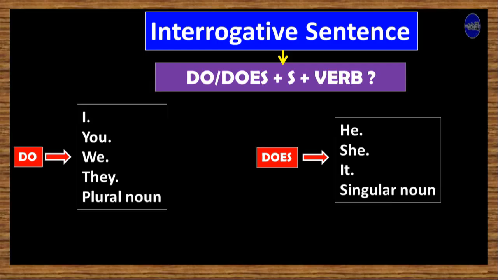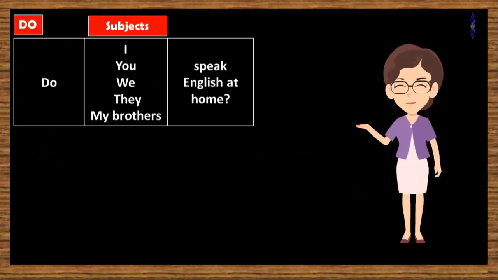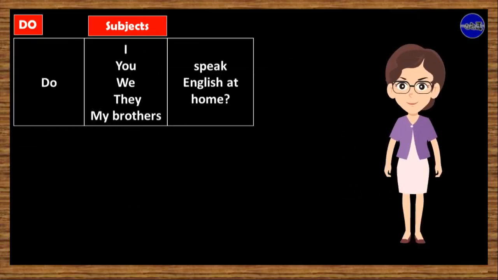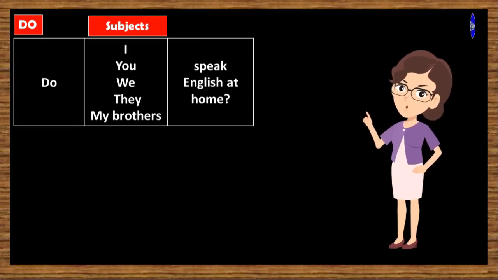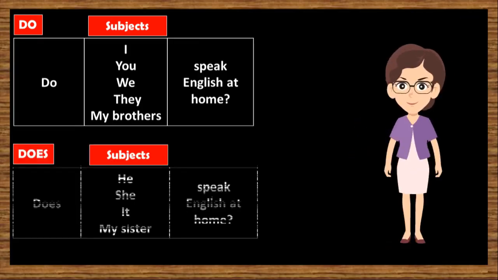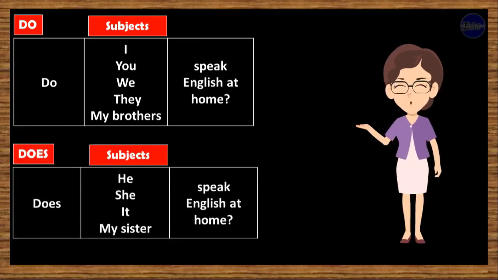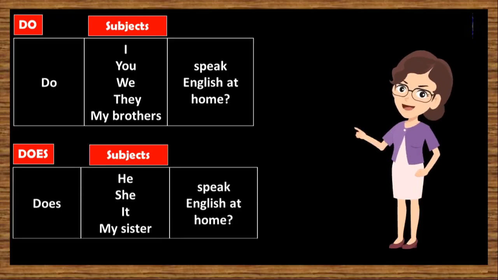For example, do I, you, we, they, my brothers speak English at home? Does he, she, it, my sister speak English at home?